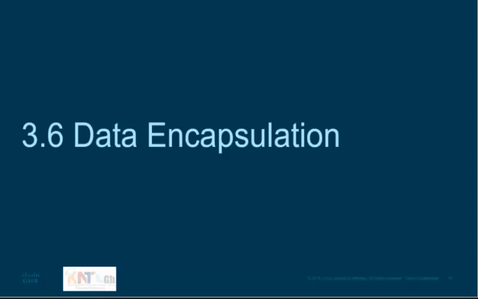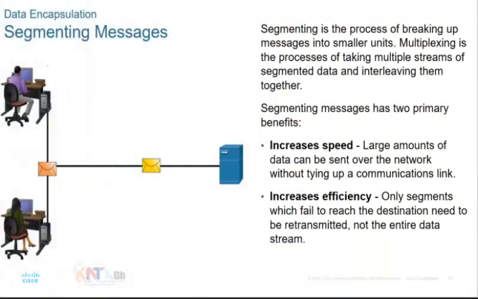Data encapsulation. Segmenting is the process of breaking up messages into smaller units. Multiplexing is the process of taking multiple streams of segmented data and interleaving them together. Segmenting messages has 2 primary benefits.